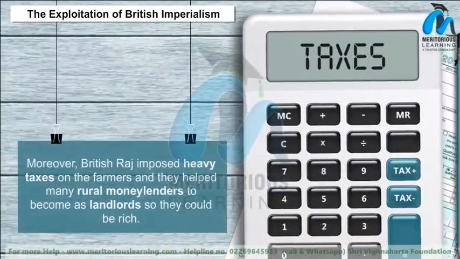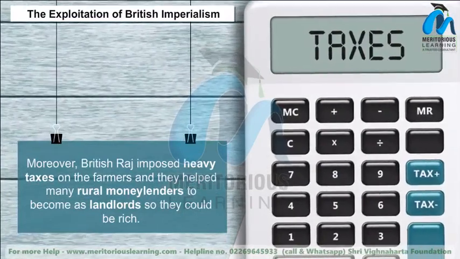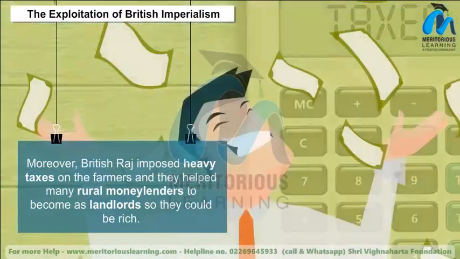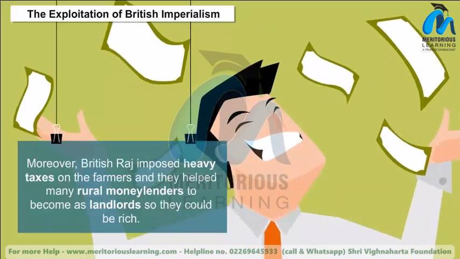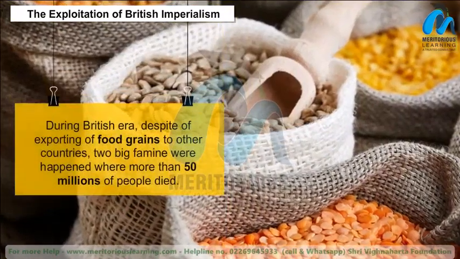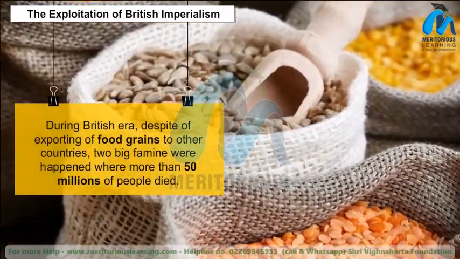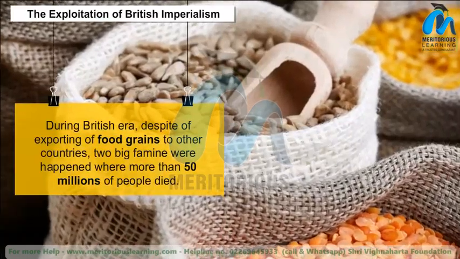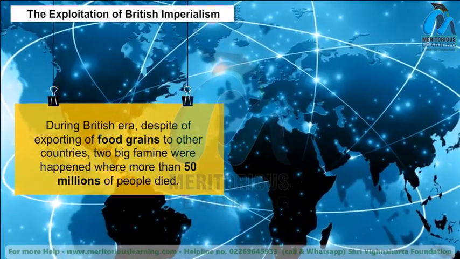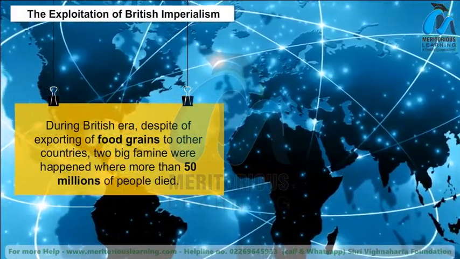Moreover, the British Raj imposed heavy taxes on the farmers, and helped many rural moneylenders become landlords so they could be rich. During the British era, despite the export of food grains to other countries, two big famines happened in which more than 50 million people died.